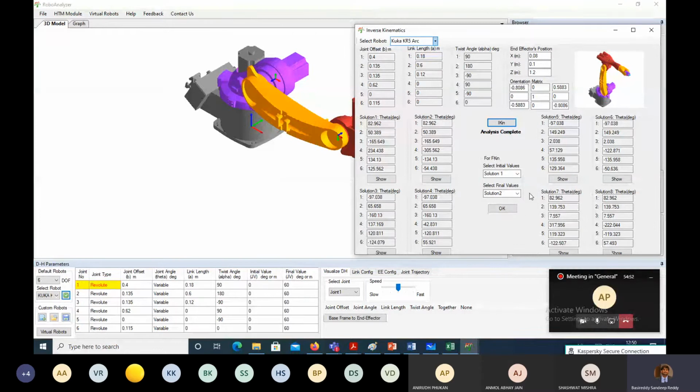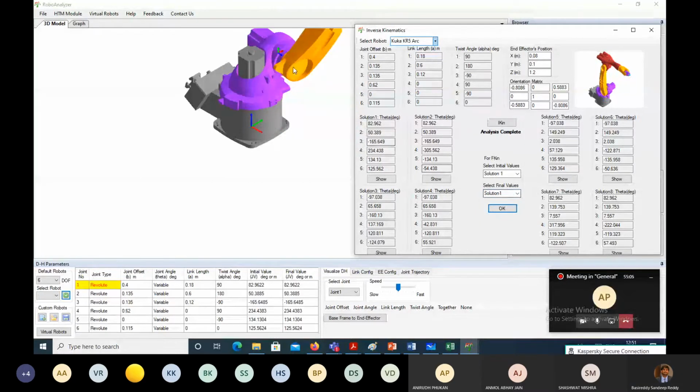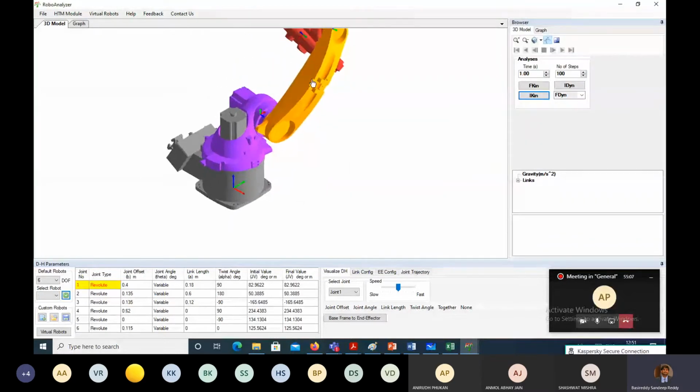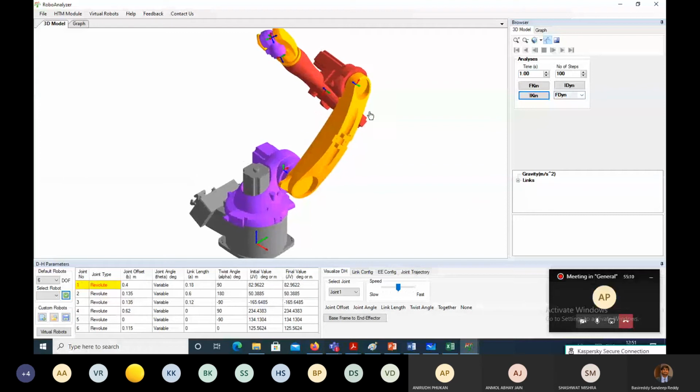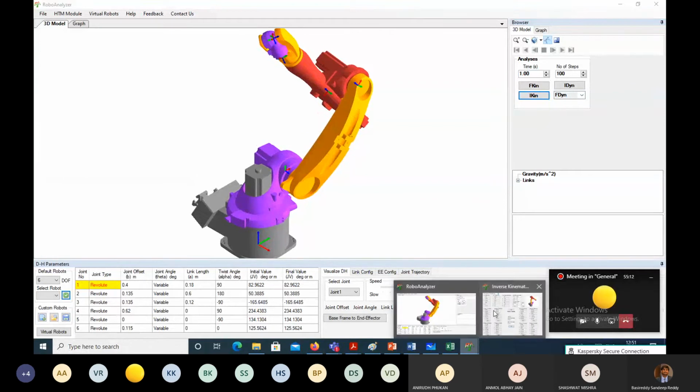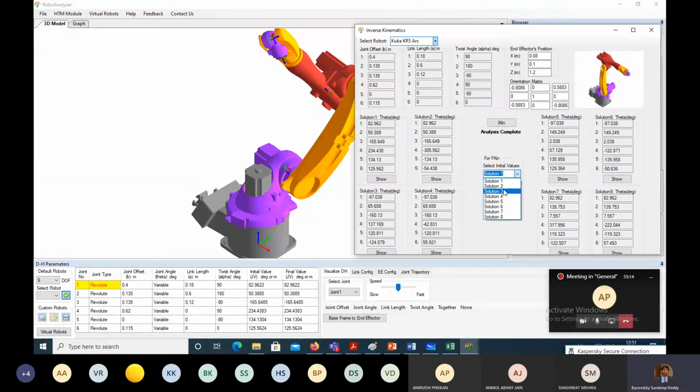Now if you want to simulate this, just click forward kinematics for initial values, solution 1, and you will see a change in the shape of this. Now for example, if I click solution 2 and solution 2 and I click OK, just keep watching this figure. The end effector changed.